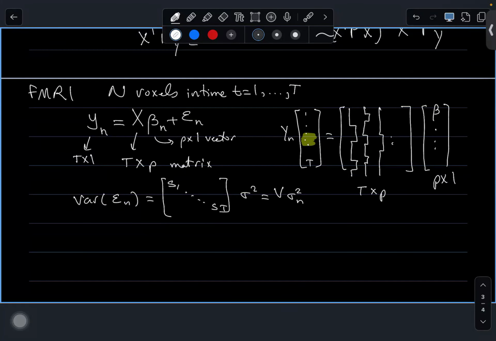And then when I fit my model, beta, the solution is going to be such that the greater the noise that I have, the less I want to worry about the errors in fitting my model.